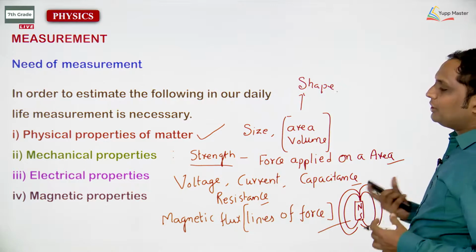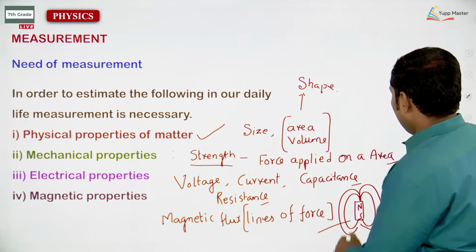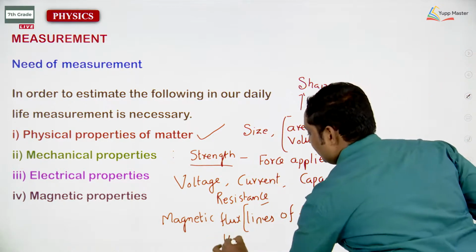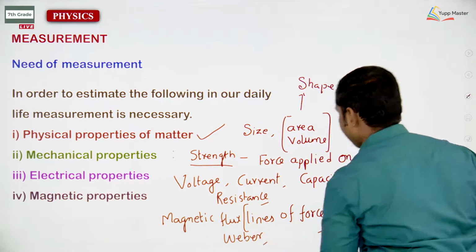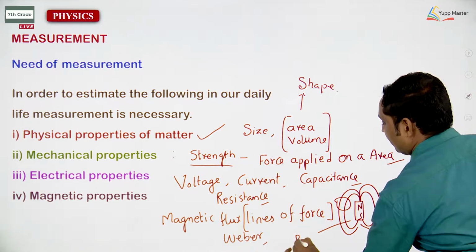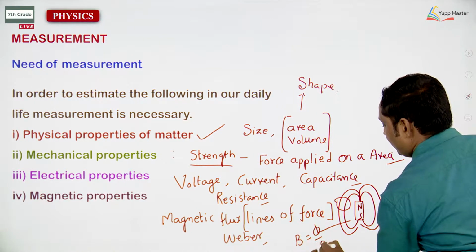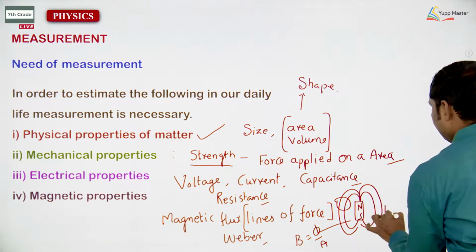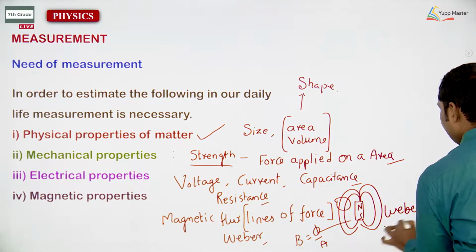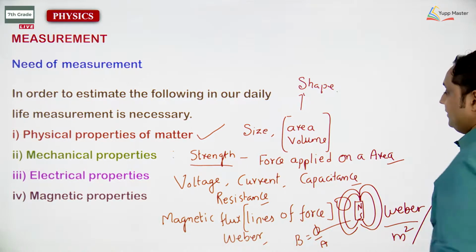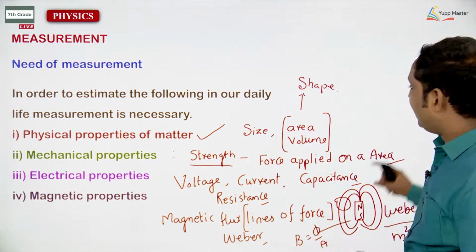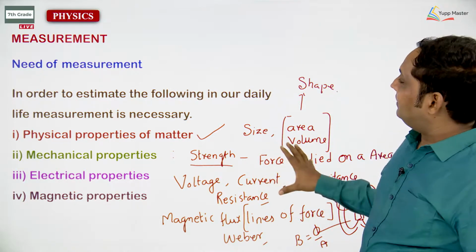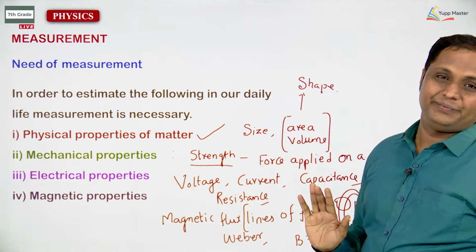You need to know about the measurement process. You have to measure the magnetic flux, that is Weber. The magnetic flux density is phi by A, which you can represent as Weber per meter square. So it is very important to realize the need of measurement.